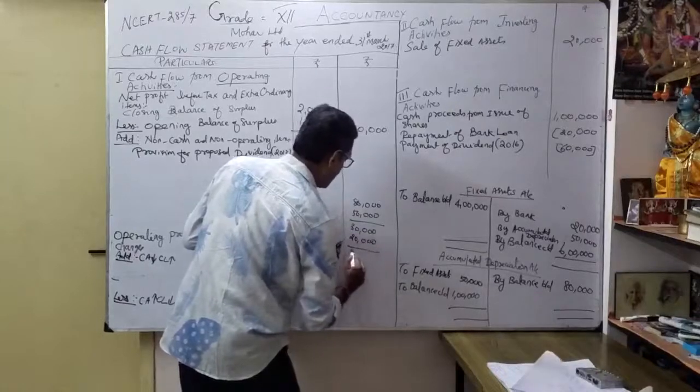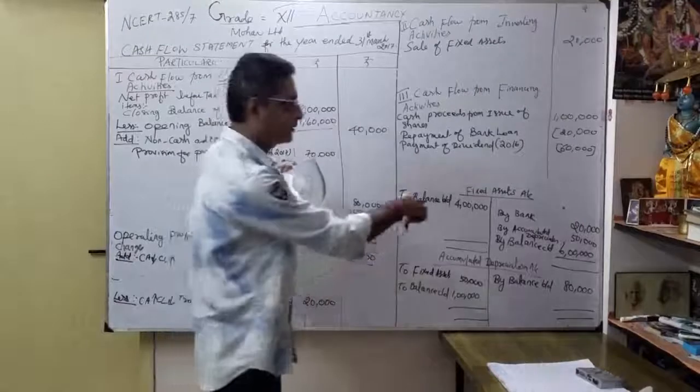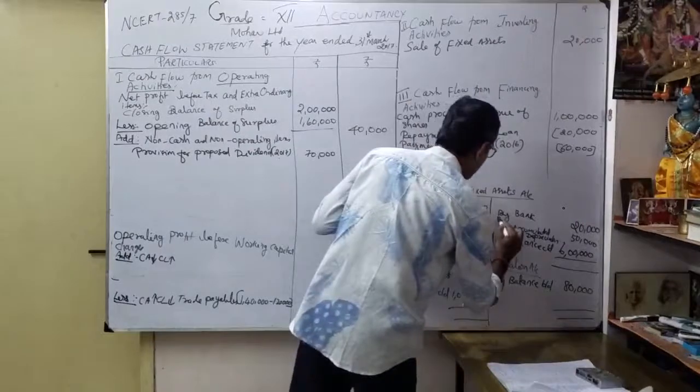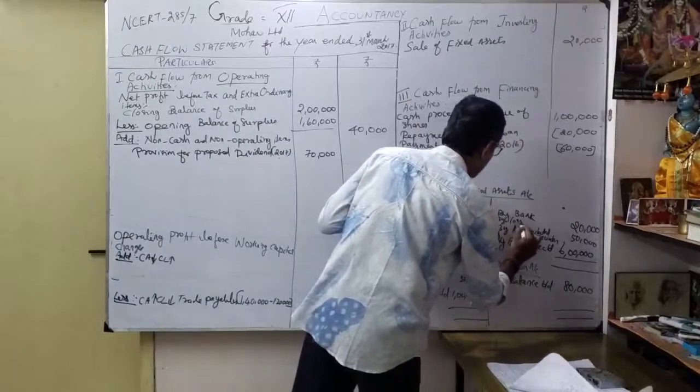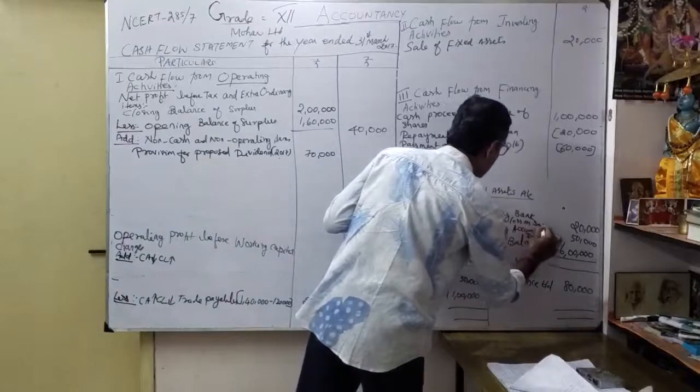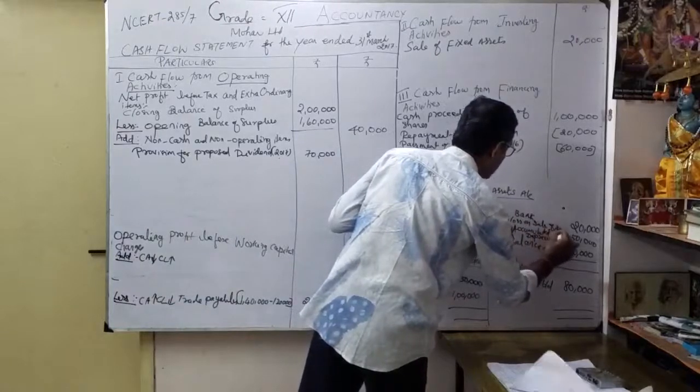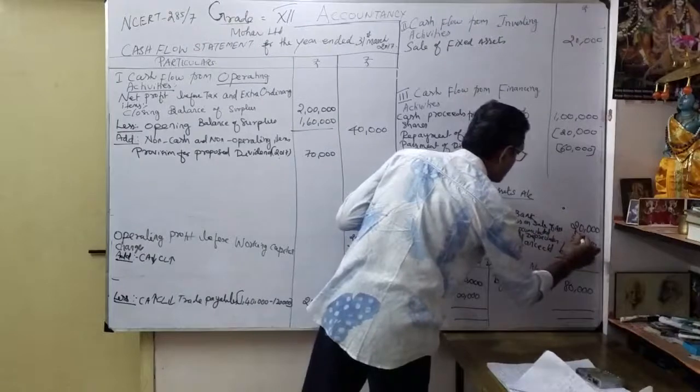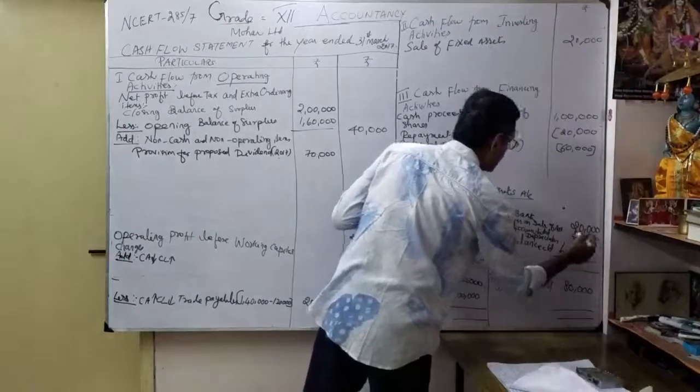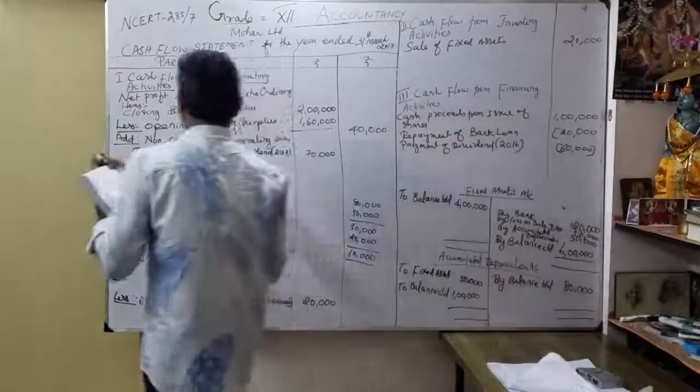So what is my profit or loss? It is loss. So I am going to show it here first. By loss on sale of assets. How much? 10,000.